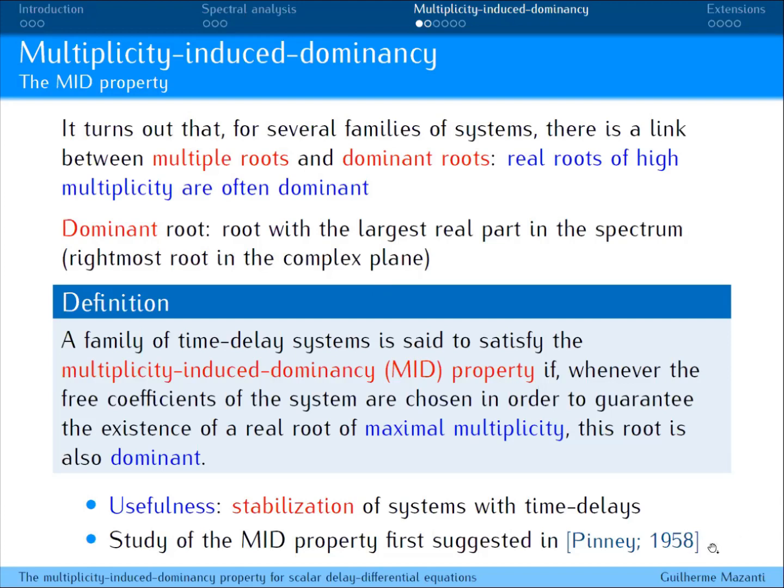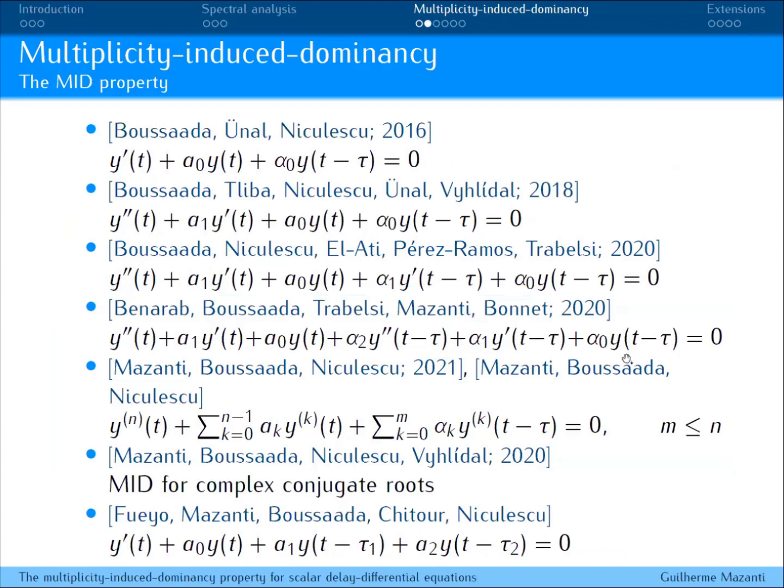And since his works in the 1950s, there was a huge gap where this property was not so much studied, but people from control theory have recently realized how important this property is in the stabilization of time delay systems.